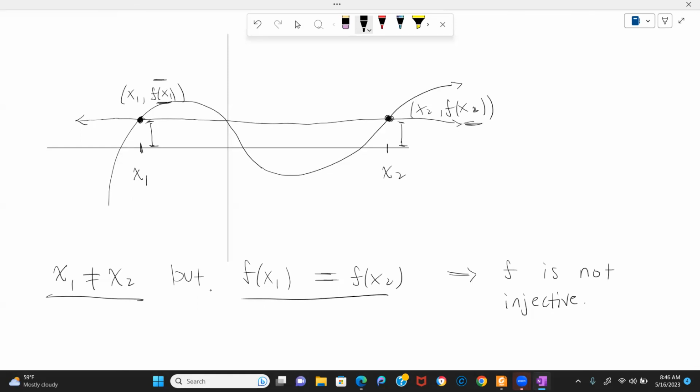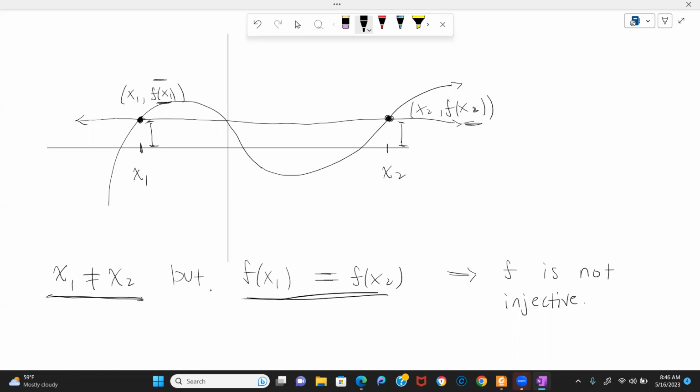And the other direction is pretty clear. So this proves the one direction: if you have a horizontal line that intersects at more than one spot, then the function can't be injective. But the other direction is just as easy. If you assume f is not injective, by definition that means you can find x1 and x2 distinct, but the outputs are the same.